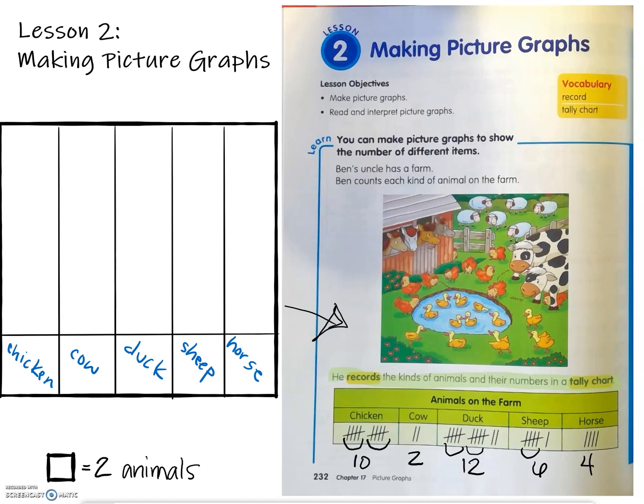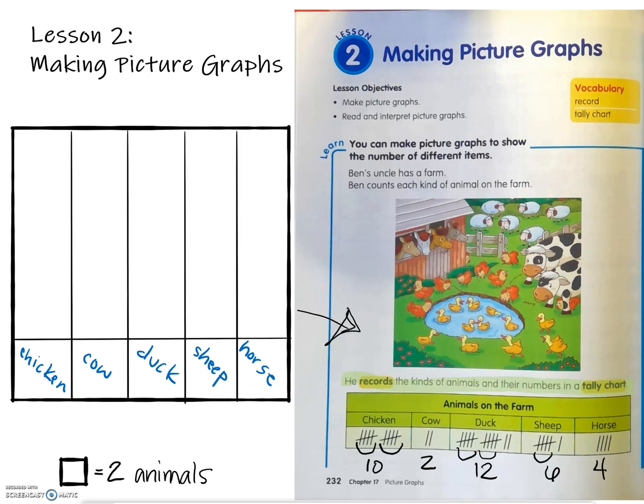Now I have my graph outline drawn. I made a square, and in that square I made 5 different sections, one for each type of animal on the farm. And then on the bottom I named which type each animal is.